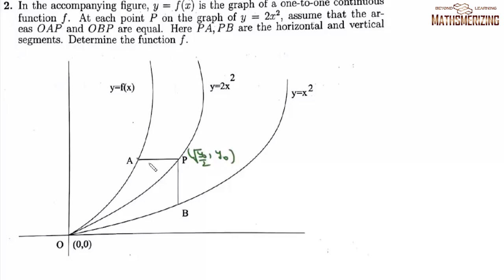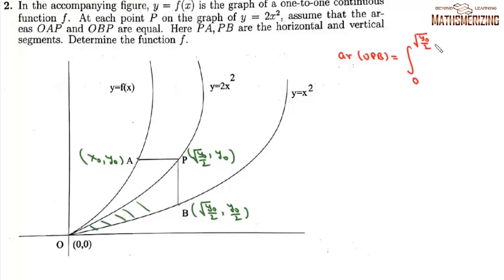Then this point A will be some x0 and y0, and here this point B will be square root of y0 by 2 comma y0 by 2. Now first we'll calculate this area of OPB. Now area of OPB will be simply the integral from 0 to square root of y0 by 2, of upper curve minus lower curve.